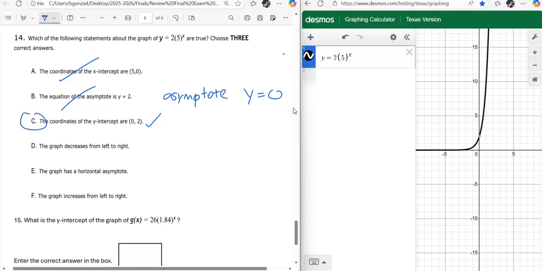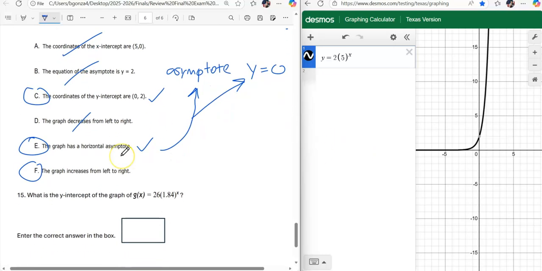Does the graph decrease from left to right? From left to the right is going up. That's not decreasing. Does it have a horizontal asymptote from left to right? Yes, it does. It's right there. So that's good. And it increases from left to right. Yes, as you go to the right, it's going up. That's true. Okay, last one.